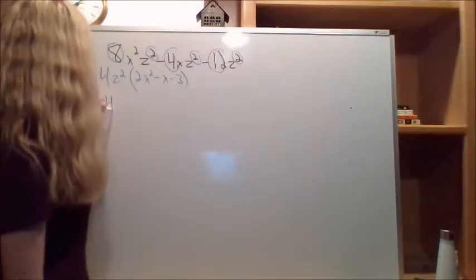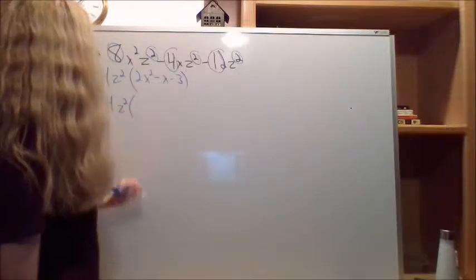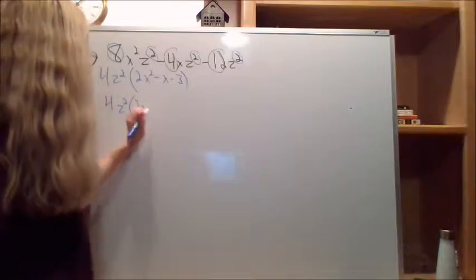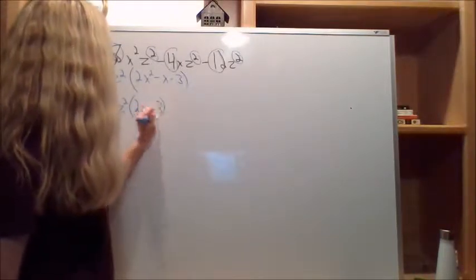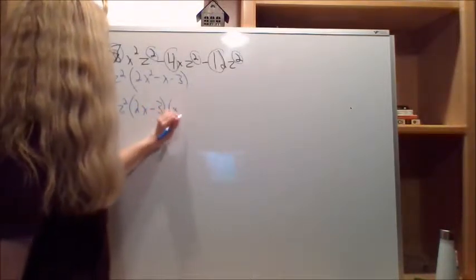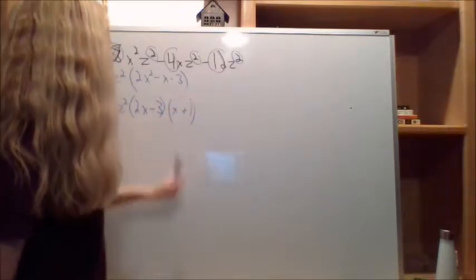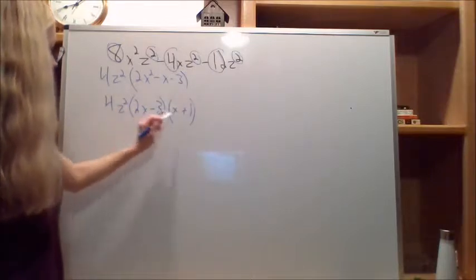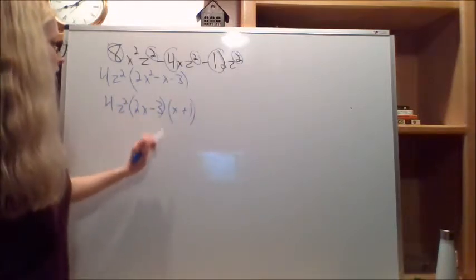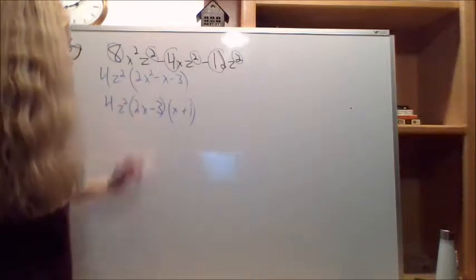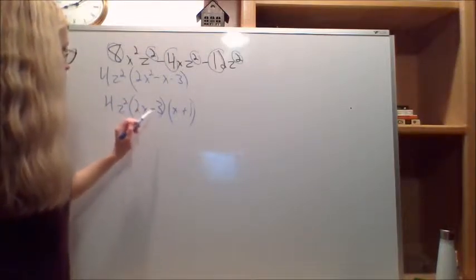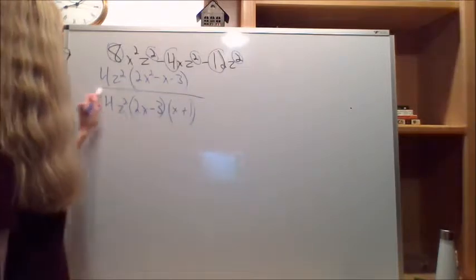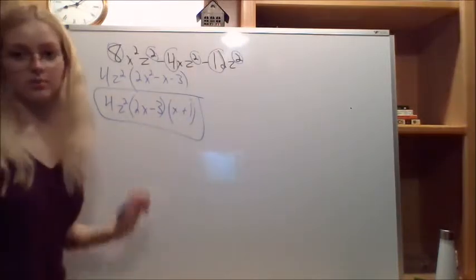Yes: 4z squared times the quantity 2x minus 3 times the quantity x plus 1. If we FOIL just this part out, we get 2x squared plus 2x minus 3x, which added together gives negative 1x. And then negative 3 times 1 is negative 3. So this is our factored expression.